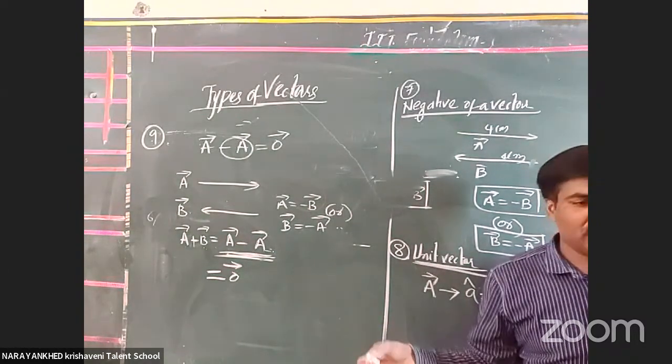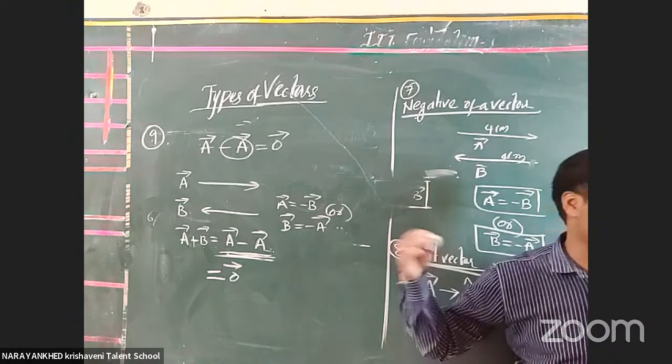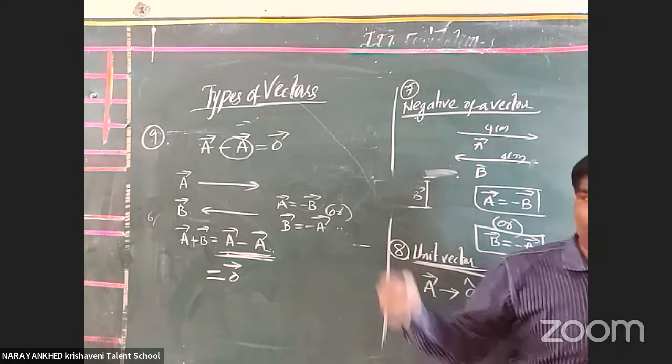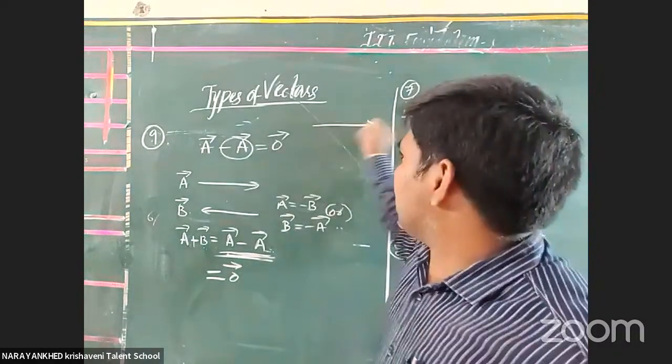Actually, the starting point and ending point need not coincide for every vector. Same direction but opposite. Suppose I take one vector like this.